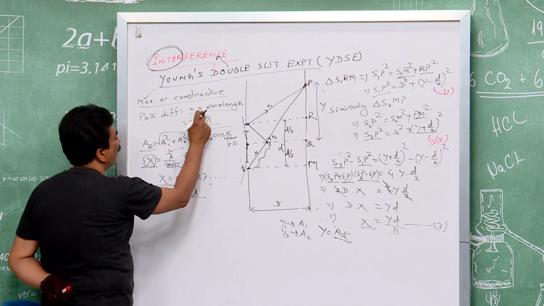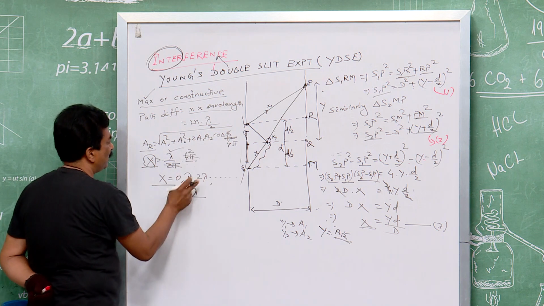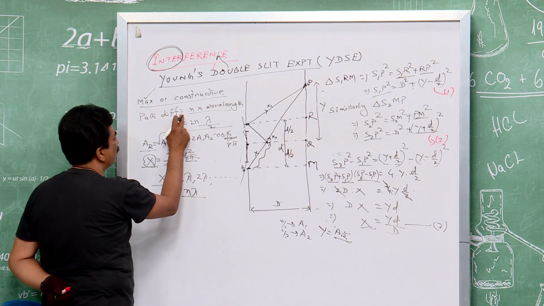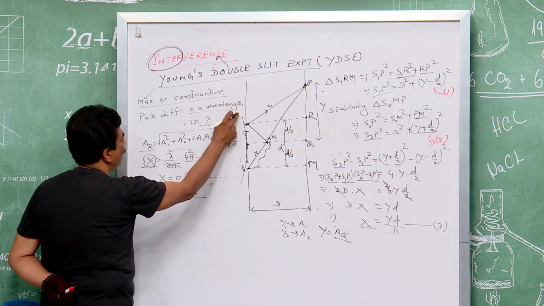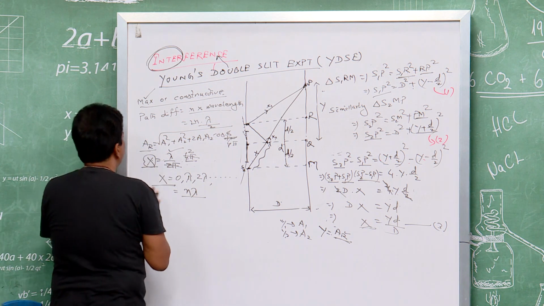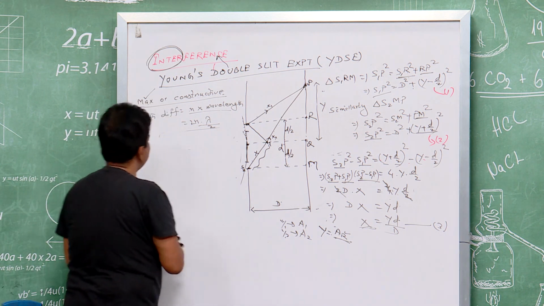So that is equal to n into the wavelength or 2n into lambda by 2, whatever you like. So x is equal to n lambda. So path difference is n into the wavelength or 2n into lambda by 2, whatever you take.